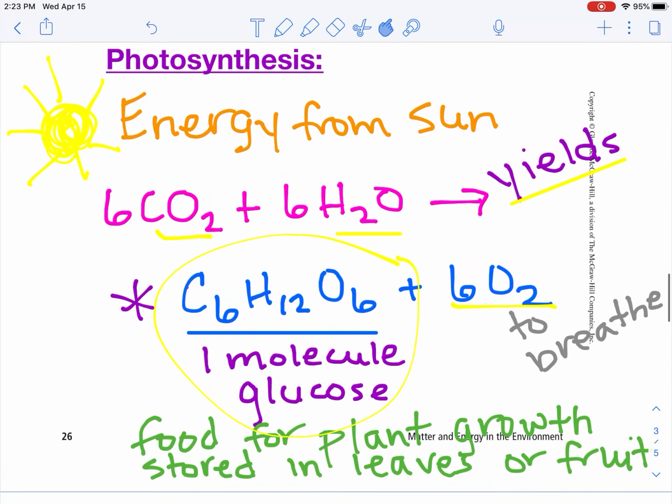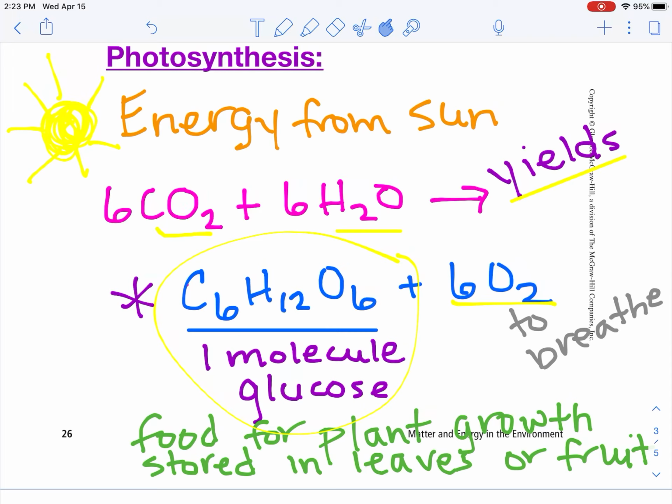In this space here, I want you to write the formula for photosynthesis. It is the process by which plants make their own food. So it is the energy from the sun and carbon dioxide and water yielding, or producing, glucose, sugar, and oxygen.